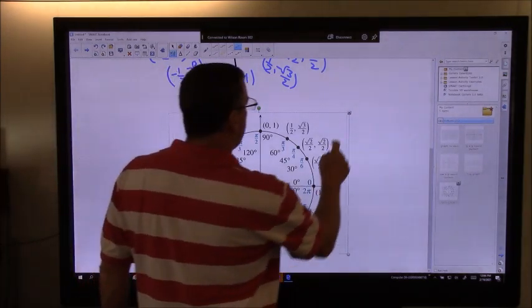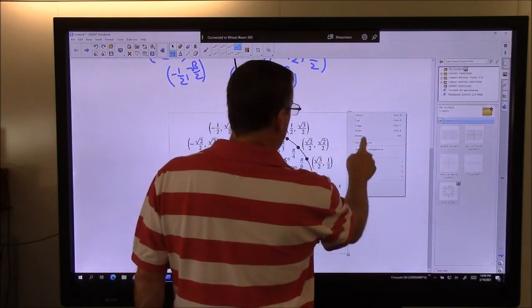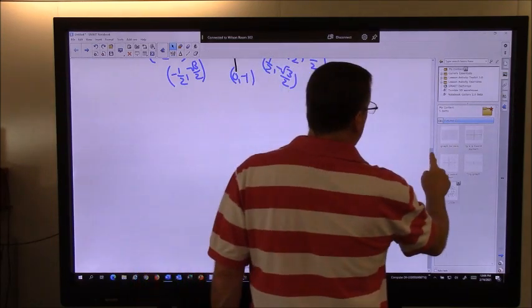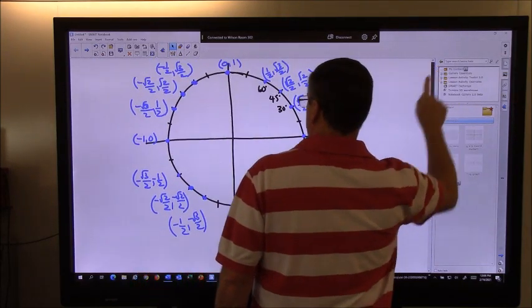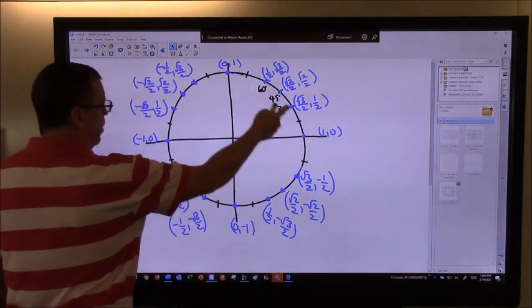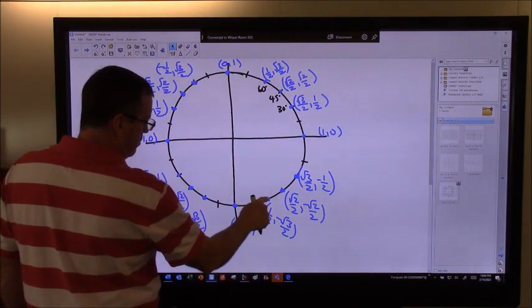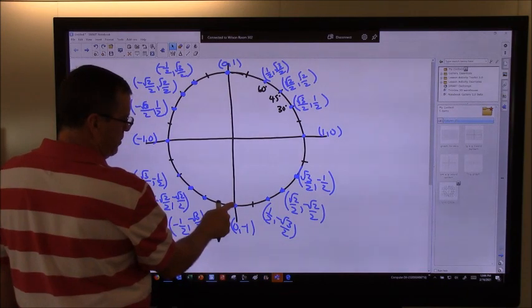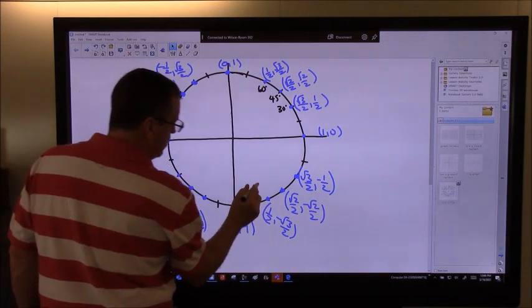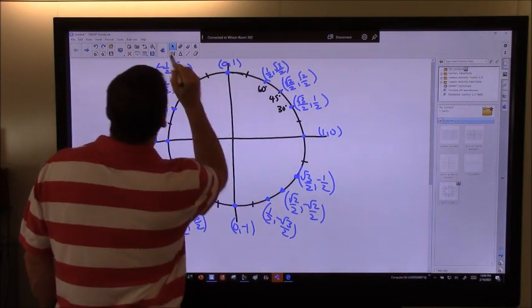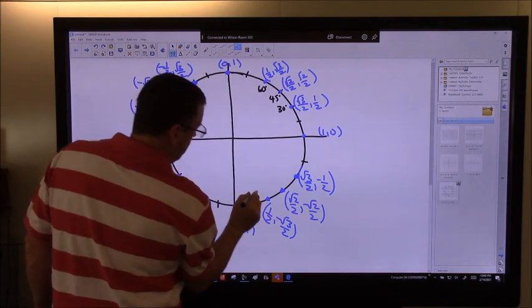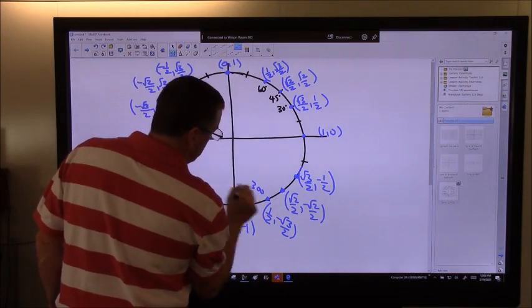So if we want to test these, let me go back to this picture. Let's see, if I go all the way around to this angle right here, this was 270 plus another 30. This is the angle, 300 degrees.